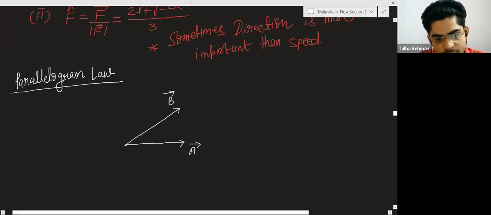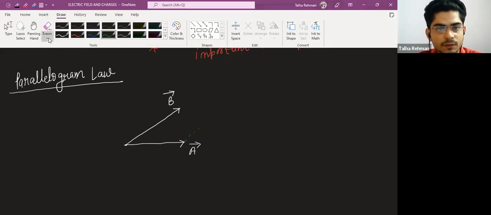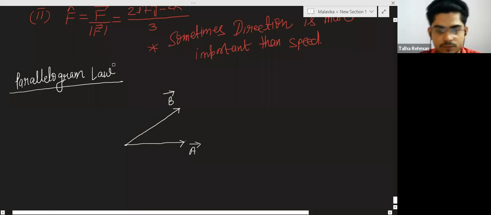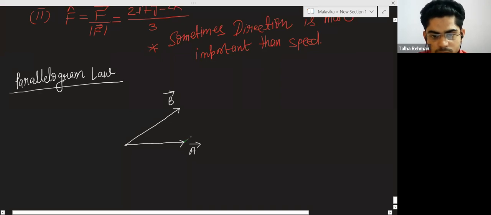We draw a line which is parallel to this line from this point, like this. And after that, from the tip of this arrow, we will draw a line which is perpendicular to this vector.